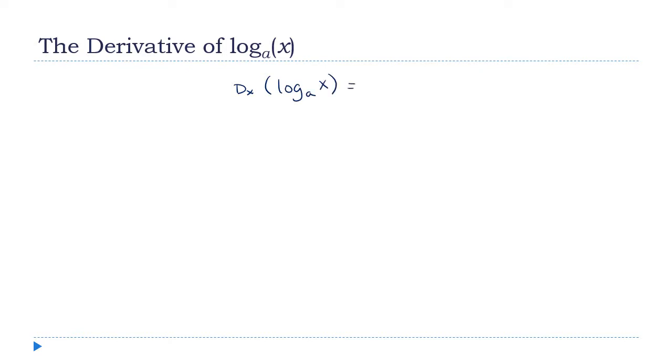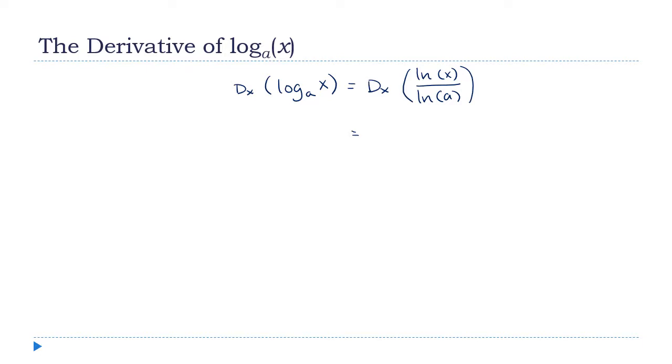To do this, I'm going to use my change of base formula and rewrite this as a base e logarithm. The change of base formula says this is the derivative of the natural log of x divided by the natural log of a.